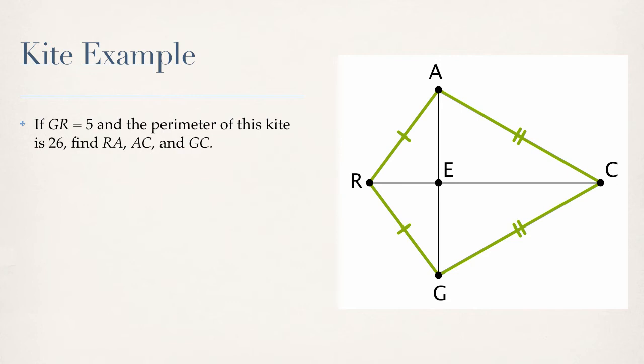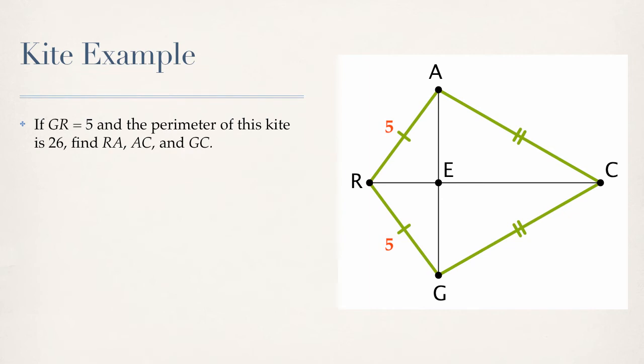In this next example, let's say that GR is equal to 5, and the perimeter is 26. Find the length RA, AC, and GC. Well, if we know that GR is 5, one of the adjacent sides must also be 5. So there's RA.